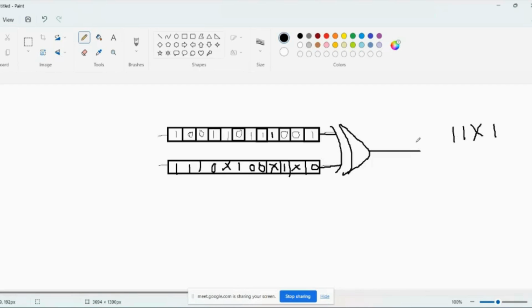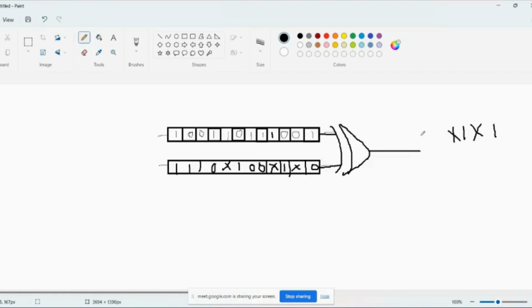It is 1 or X. So this value can be 0 or 1, right? Yes, sir. If 0, output is 1. When this X is 1, I mean this is going to be 1, then 1 and 1, again XOR output is 0.